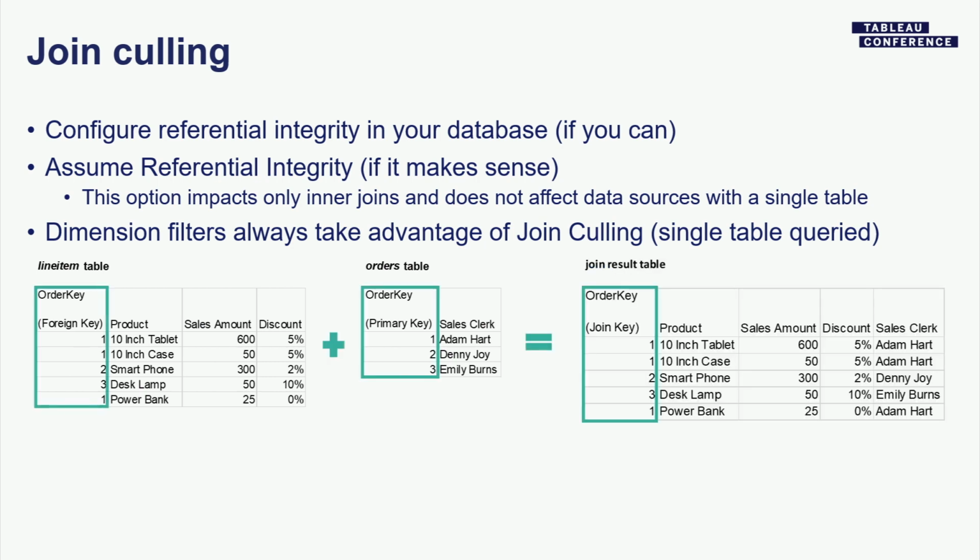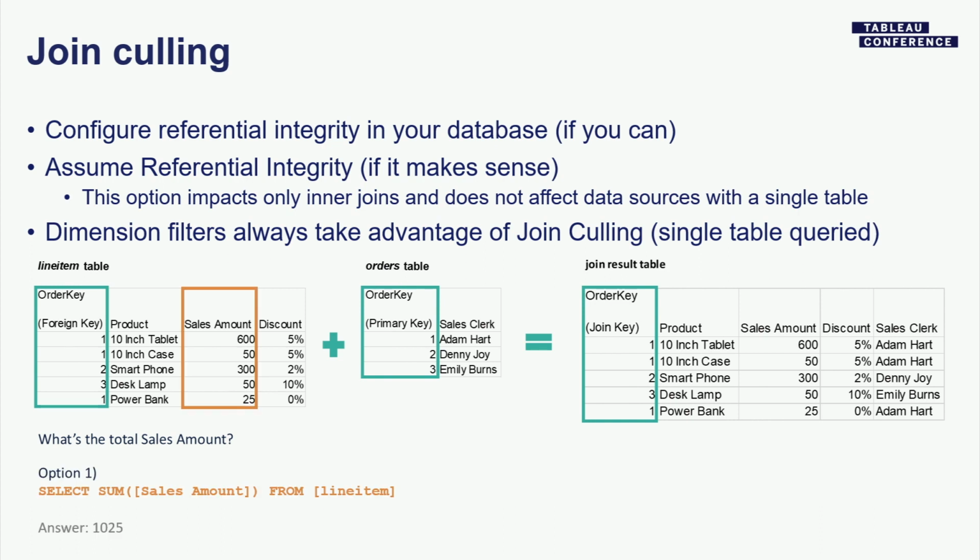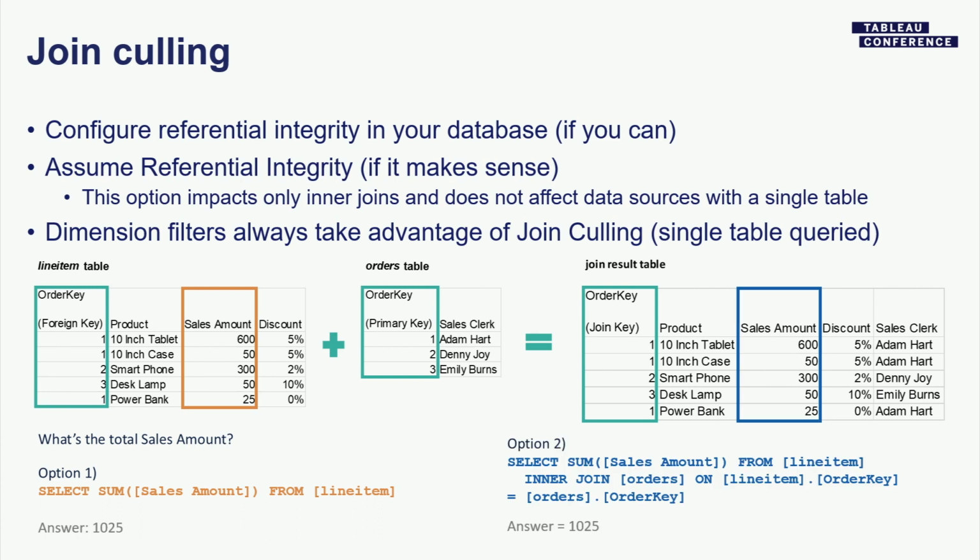So here I've got two tables, the line item table and the orders table. And you see the join result table. Imagine I am asking for the total sales amount. I only need to look at the line item table because the answer will be the same if I perform the join.